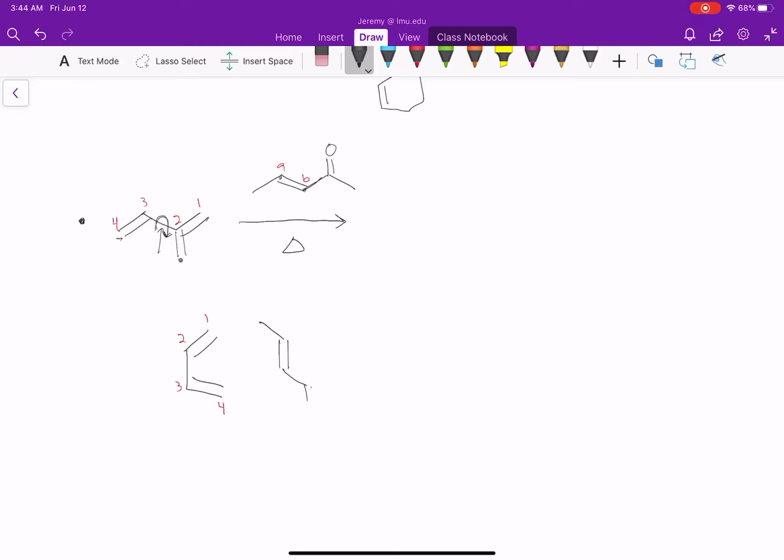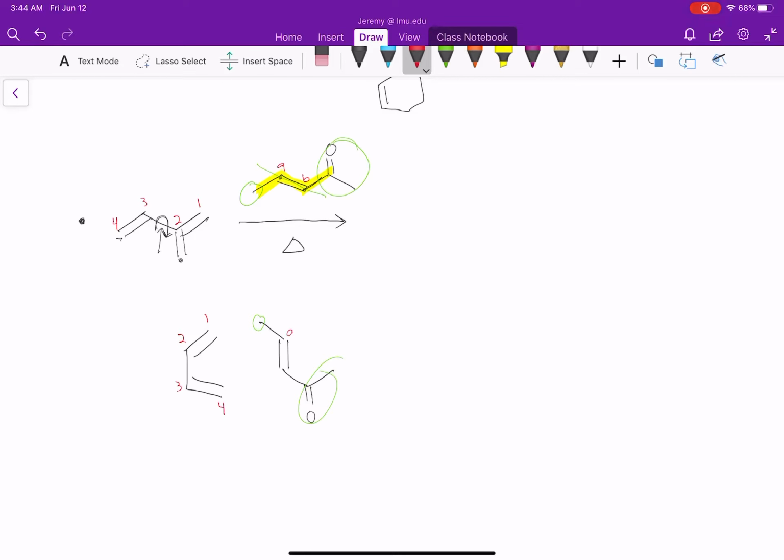It's important to notice here that this is E or trans. My methyl and my ketone are trans to each other, and I've drawn that here because that's going to be important.